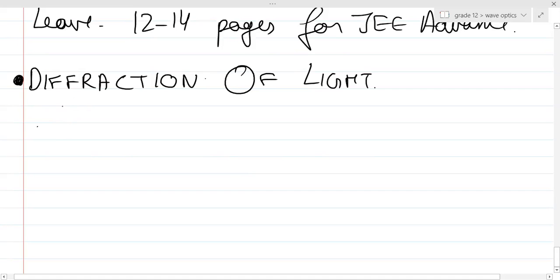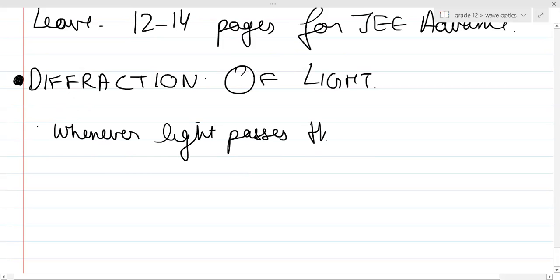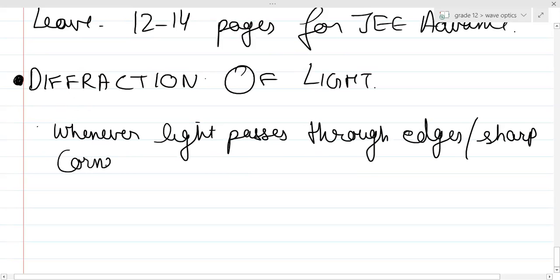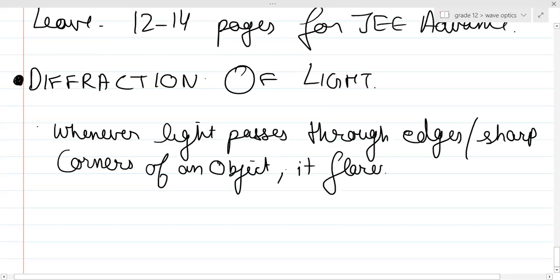See, whenever light, write down, whenever light passes through the edges or sharp corners of an object, then it flares out in the shadow zone.